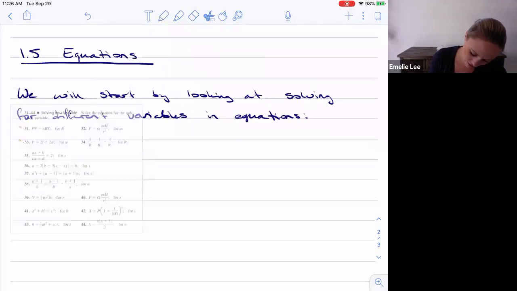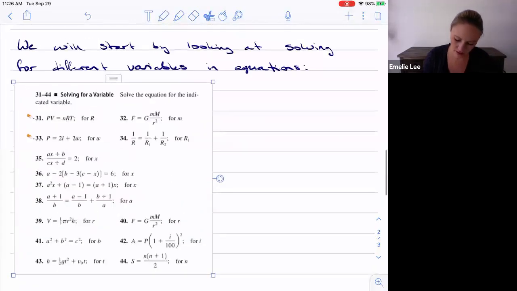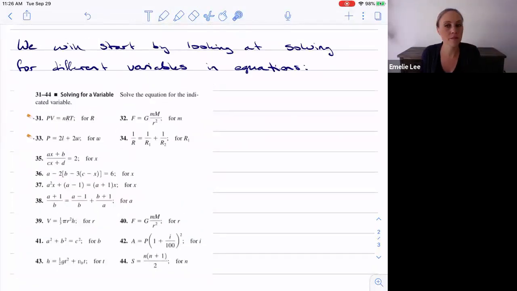So the first thing we're going to do is have a look at some of these and solve them. Okay. We'll start nice and slow, right? Let's do 31, and then I think I picked out 34 just because I like what that looks like, and then we'll see how we're feeling.